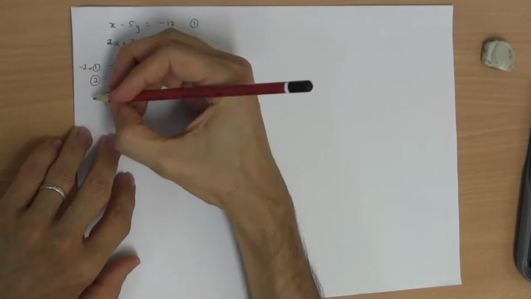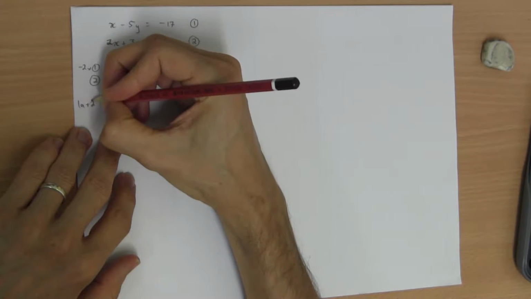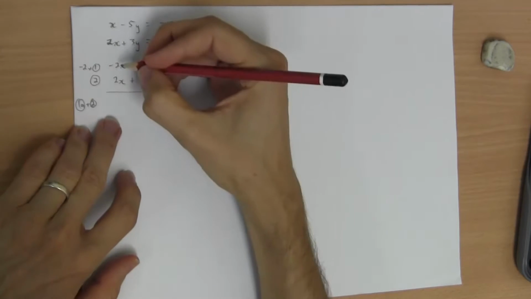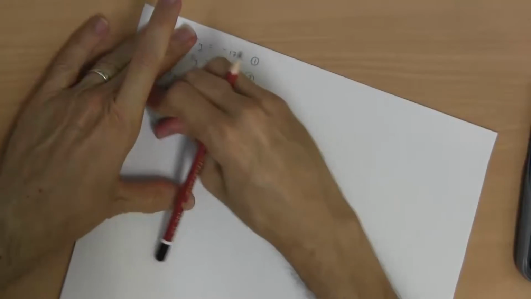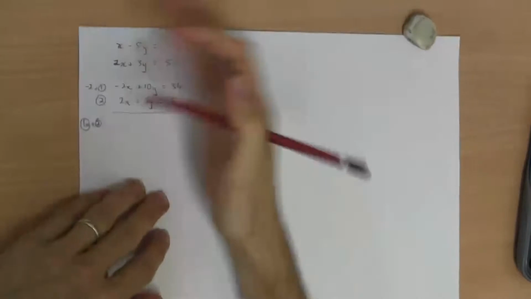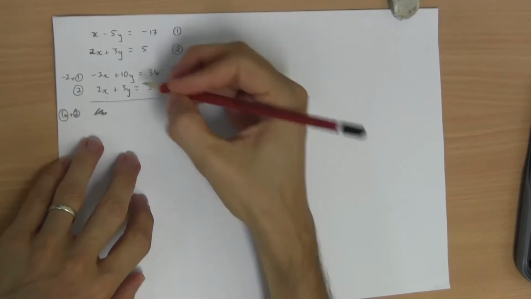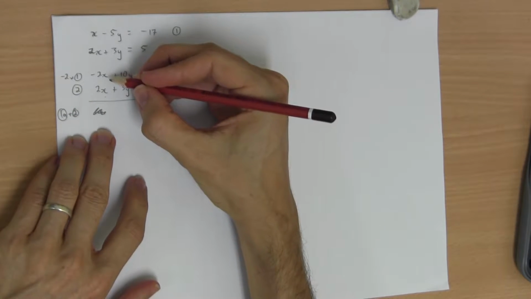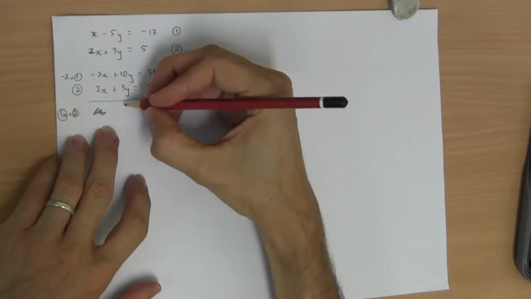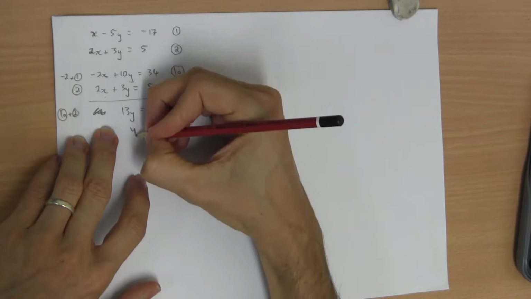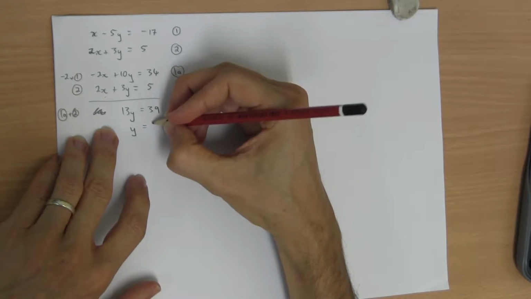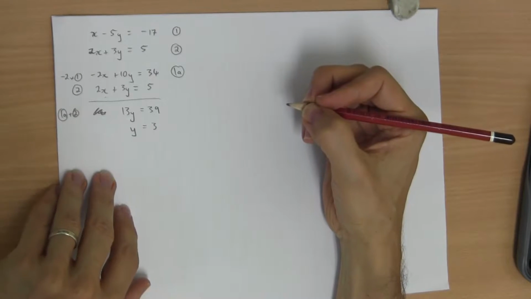And then I'm going to add them. 1a plus 2. There are no x's. Negative 2 plus positive 2 goes away. There's 13y and there's 39, which means y must be 39 divided by 13, which is 3.